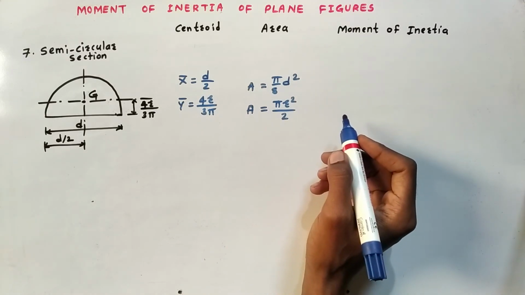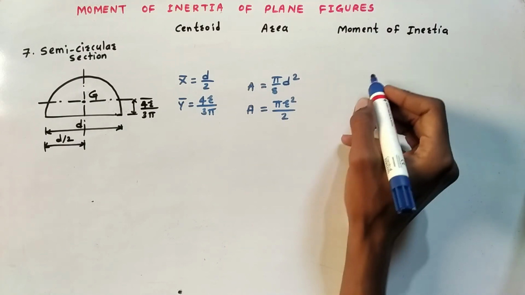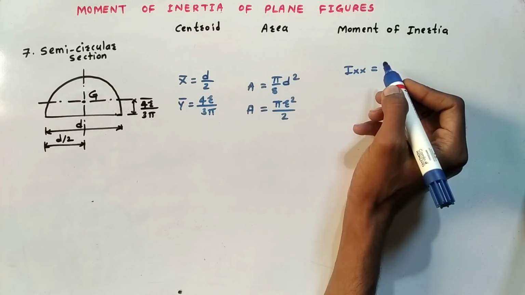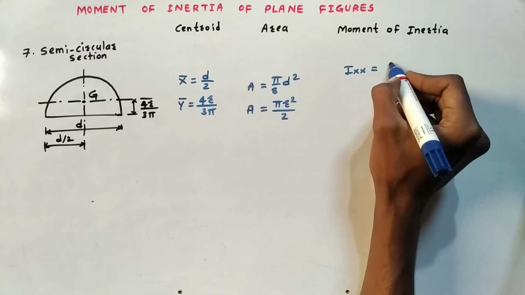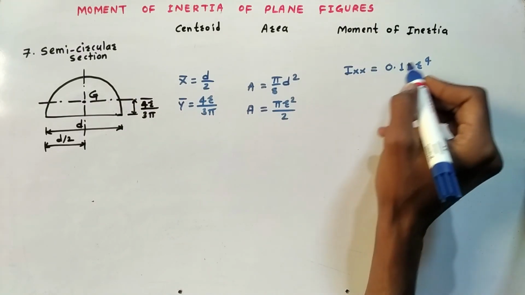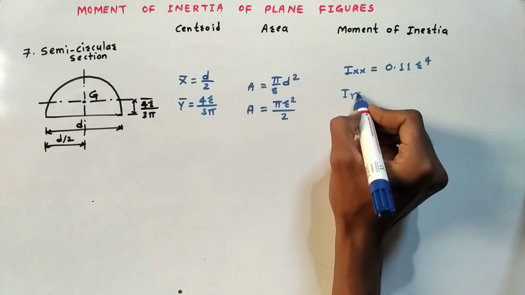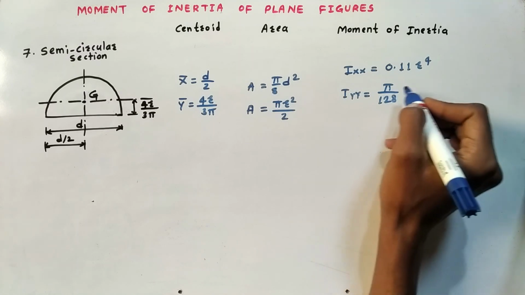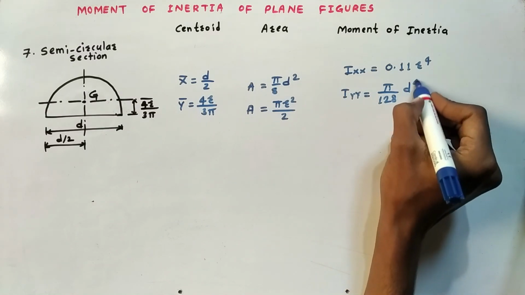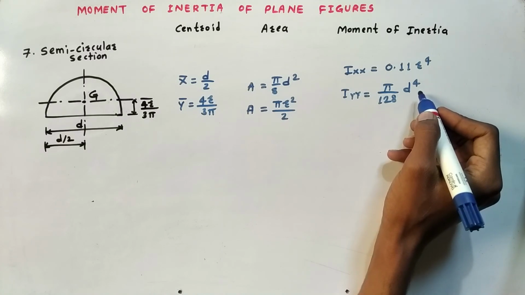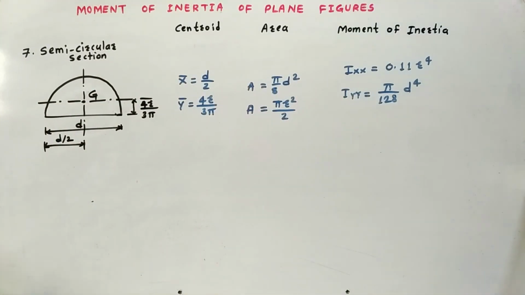Now the moment of inertia for the semicircular section: Ixx for the hemisphere is 0.11 r raised to 4 and Iyy is equal to pi by 128 d raised to 4, as it is half of the circle. So this is for the semicircular section.